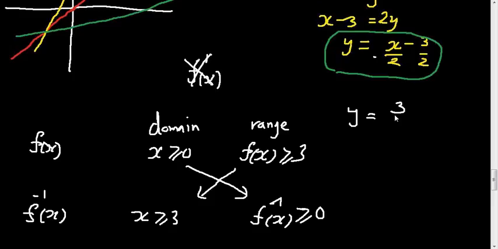I need to substitute a 3 instead of x. If I substitute a 3 instead of x, I get y is equal to 0. So that's my first y coordinate, and it indeed matches up with what I tried to do here. My first x coordinate for the inverse function is 3, then my first y coordinate will be 0, and that's what I've got.